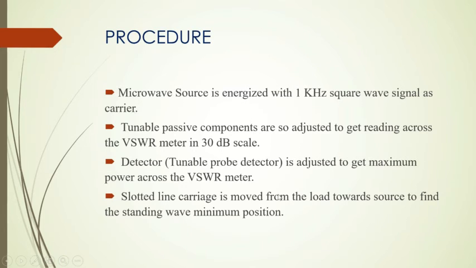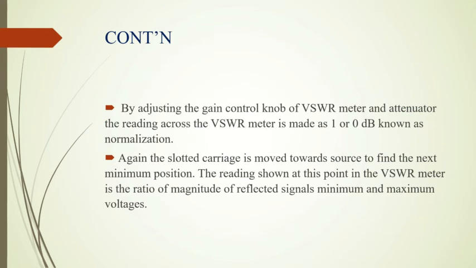You move the slotted line carriage towards the source to find the standing wave minimum position, and then you adjust the control knob of the VSWR meter and the attenuator reading across the VSWR meter until it reads 1 or 0 decibels, and this is called normalization.